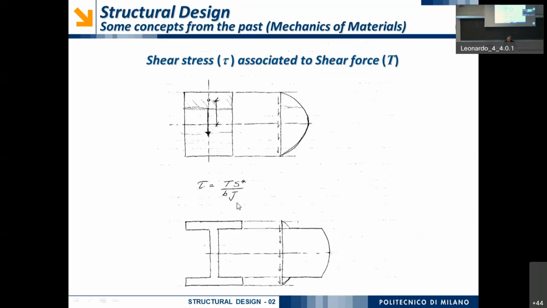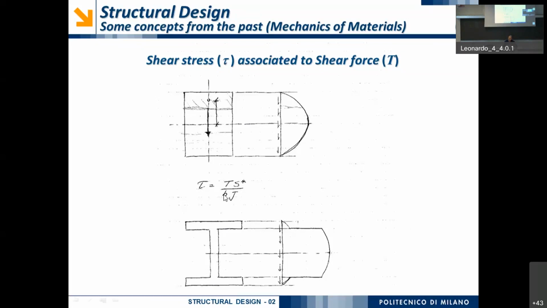is given by the so-called Jourawski formula. So tau is equal, of course, to the applied shear force times S star, and S star is a static moment. I will clarify which kind of static moment it is.